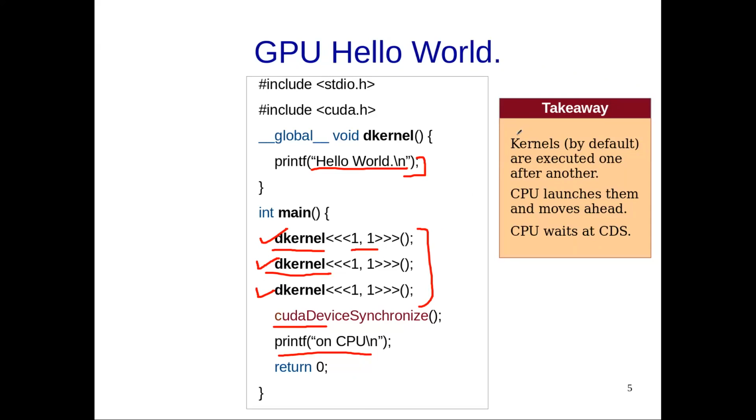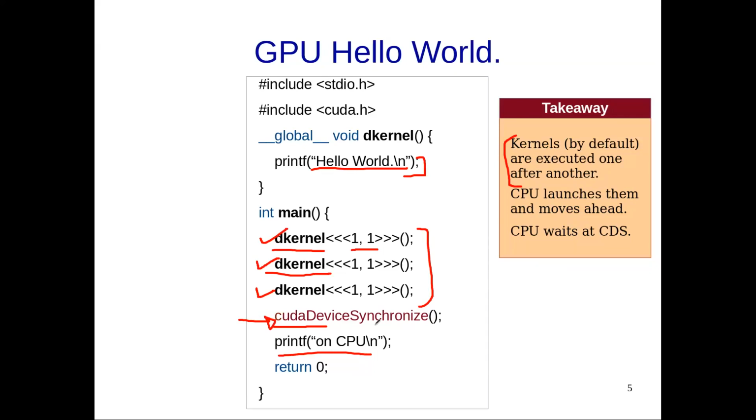And therefore kernels by default are executed one after the other if you push those into the same command queue, which is what happens by default. There is a way in which the kernels can be pushed to different command queues and they can be executed in parallel, but for now let's assume that these are going to go into the same command queue. I mean, not assume, that is what happens. So CPU launches these and goes ahead and then waits at this point. So it is never going to be the case that on CPU is going to be followed by some hello.